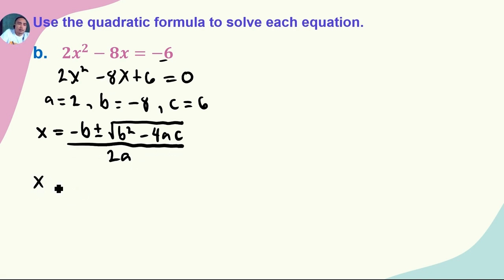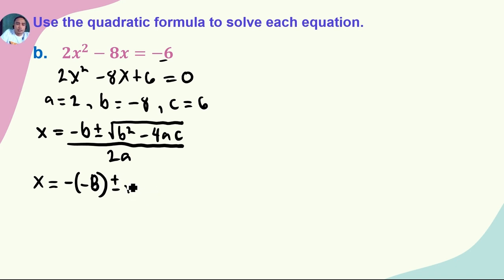Okay, next, we're going to substitute all the values of a, b, and c in our quadratic formula. So we have negative, our b is negative 8, so we're going to enclose that inside the parentheses. So negative times negative 8, negative 8.